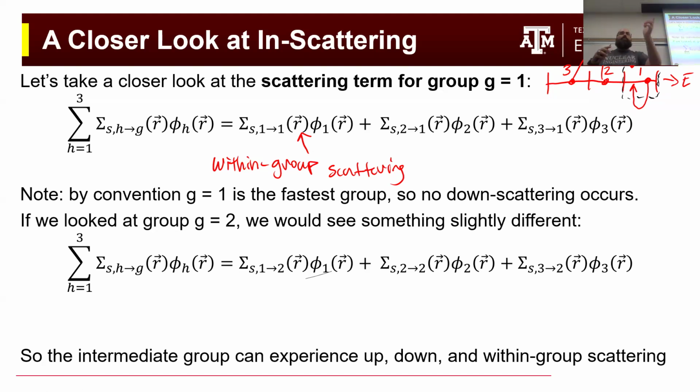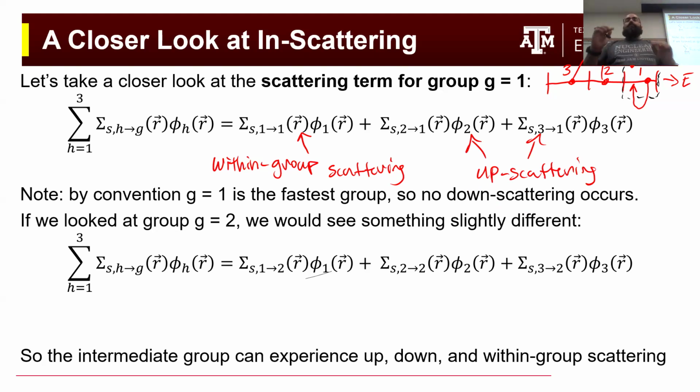If I'm going from 2 to 1, or from 3 to 1, I'm scattering from a lower energy into a higher energy. If I go from a lower energy group to a higher energy group, we call that upscattering. So both of these terms represent upscatter.